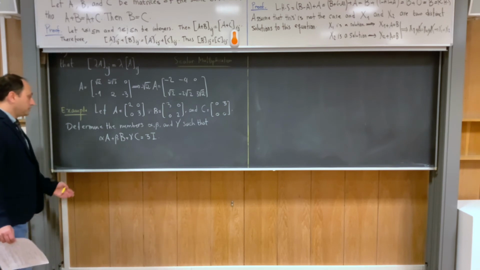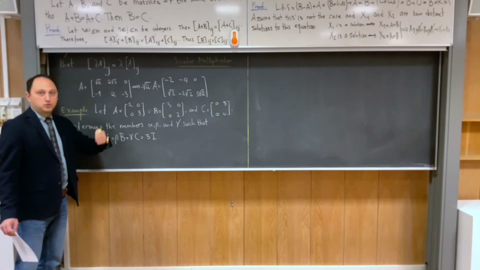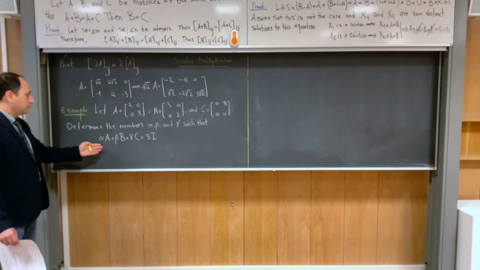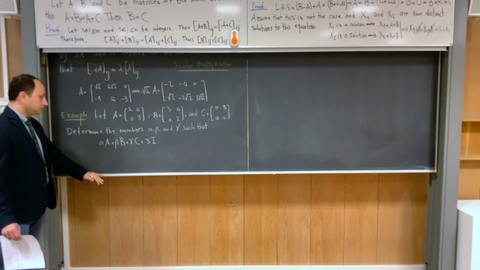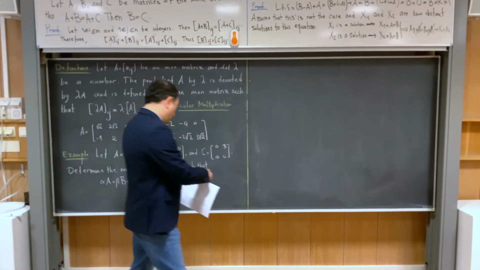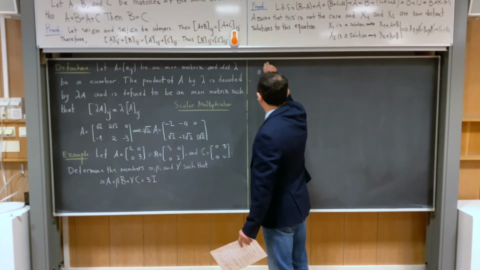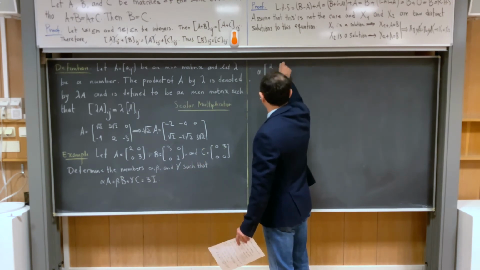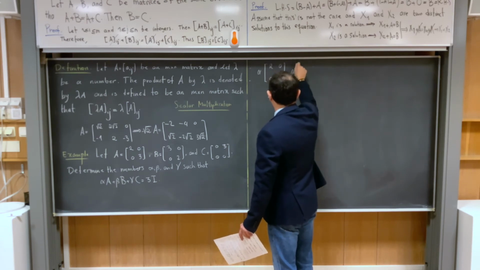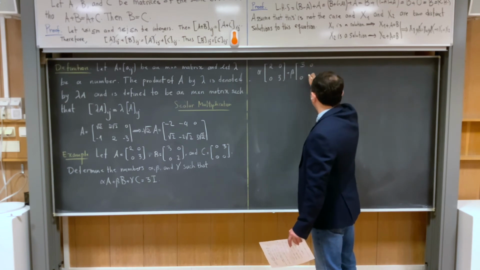And the rest of it is very simple. You just replace A, B, and C with these matrices, do these operations, and then you calculate this alpha, beta, and gamma. Okay, so how should I do that? I will start replacing A, B, and C with these given matrices. So I will have alpha, matrix A is 2, 0, 0, 3, plus beta, another number, multiplied by the second matrix, 3, 0, 0, 2.